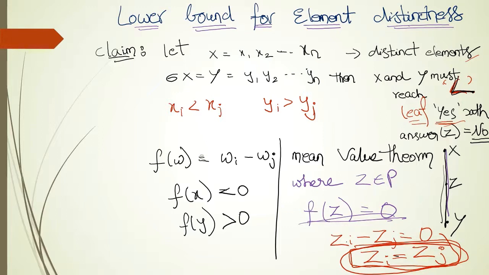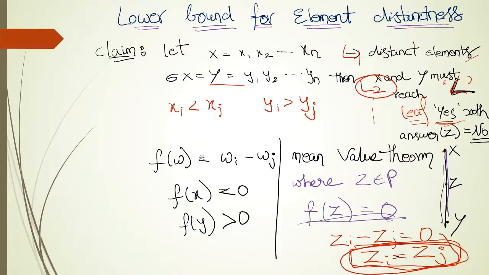So we can say that x has taken a path L1, let's suppose, and the permutation of x, which is y, has taken an L2 path, and so on.